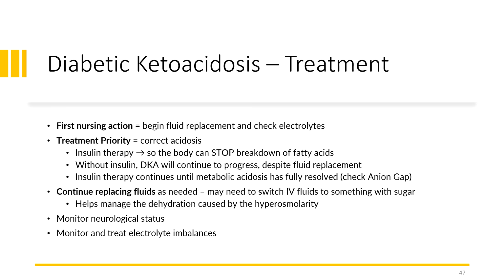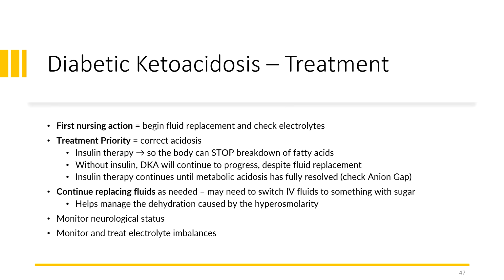You need to monitor the potassium level closely because when your patient is in acidosis, they're going to have elevated potassium levels, right? Once we start insulin and fluids, the potassium level can drop pretty quickly.